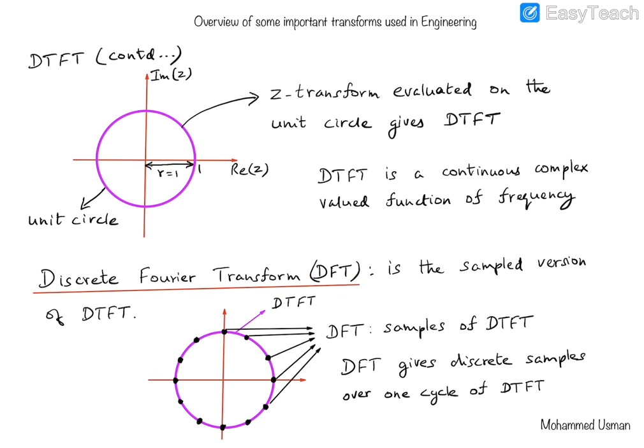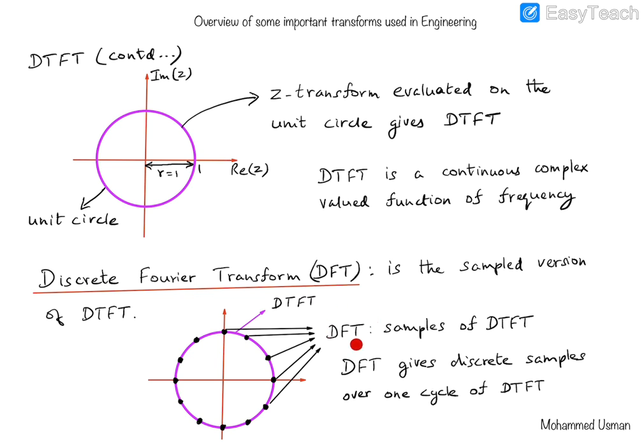DFT is nothing but the sampled version or discretized version of the DTFT. The DTFT is a continuous valued function of frequency. If we sample the DTFT at uniform intervals on the frequency, then we get the discrete Fourier transform, or DFT.